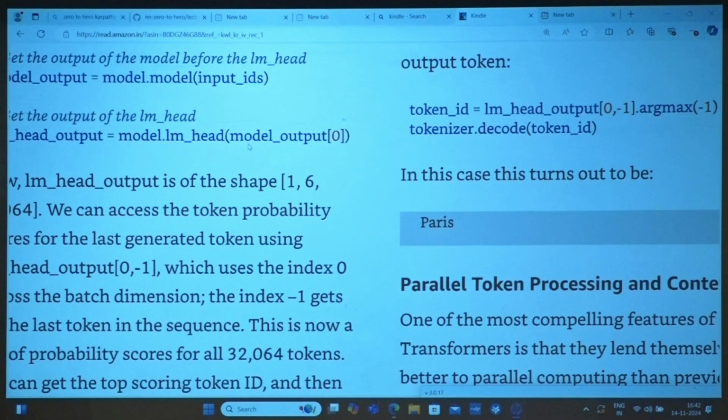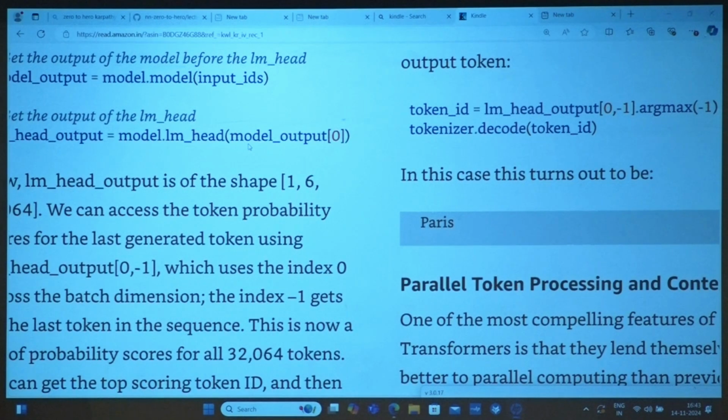You see the next operation. I have got the probabilities of the first word. Now look at the right hand side: token ID is equal to the output token, LM head output 0, index minus 1 takes the last position in the sentence, which gives the probabilities, and then it does an argmax.